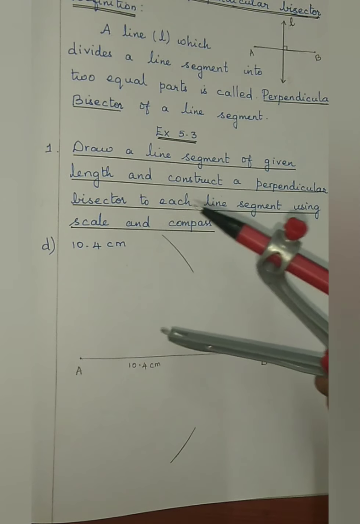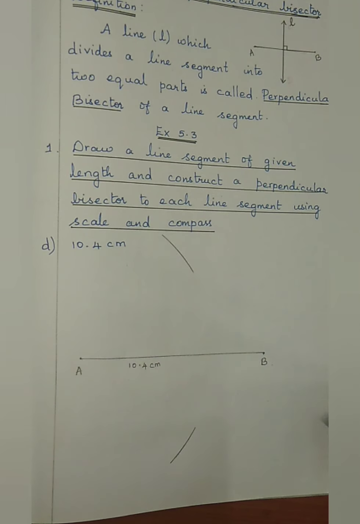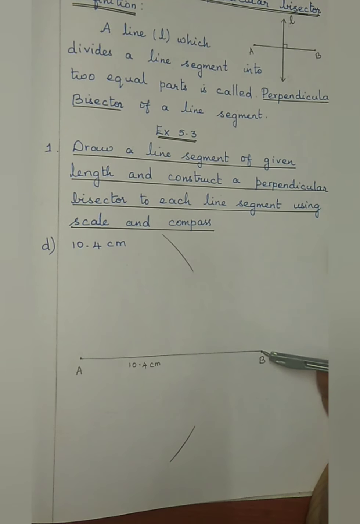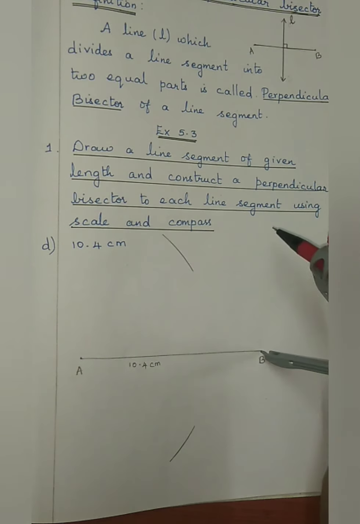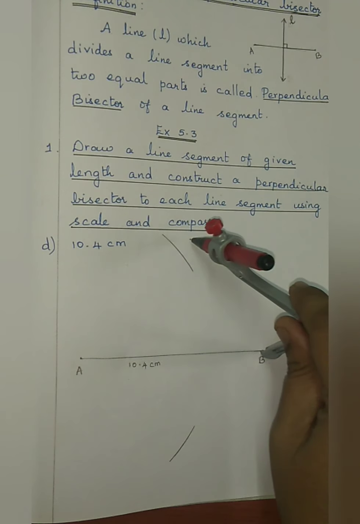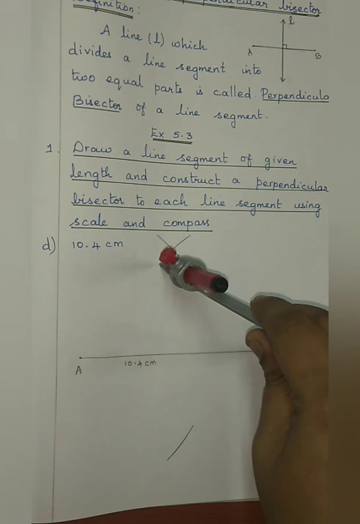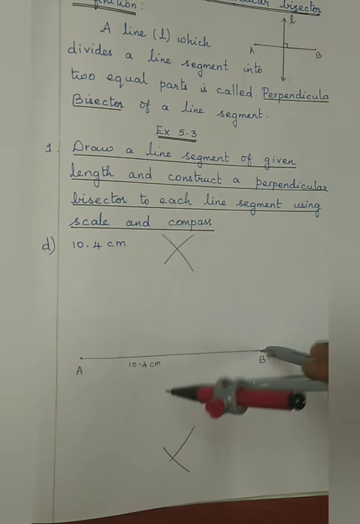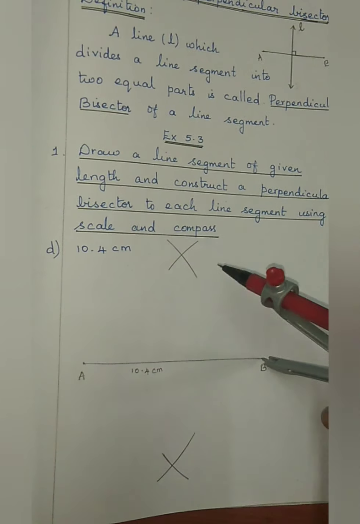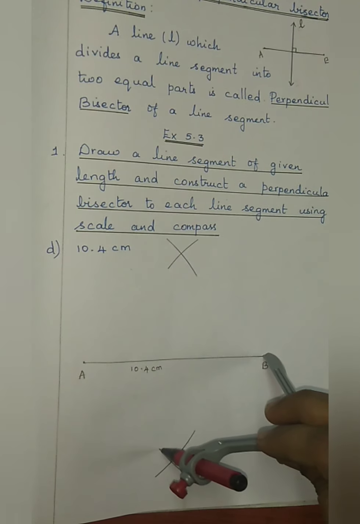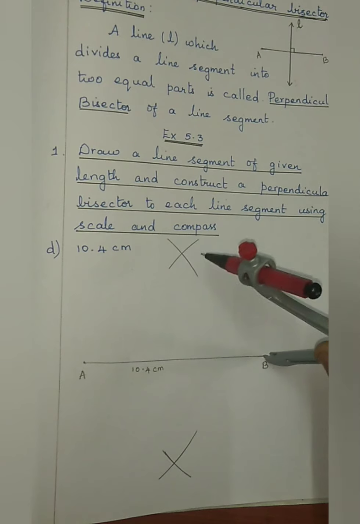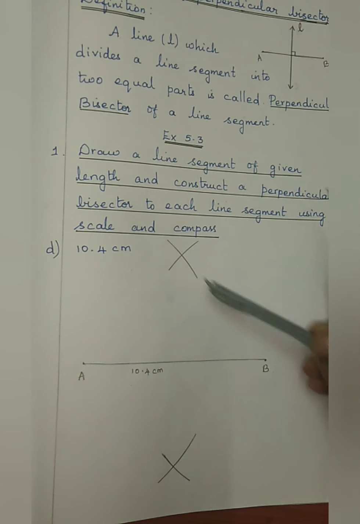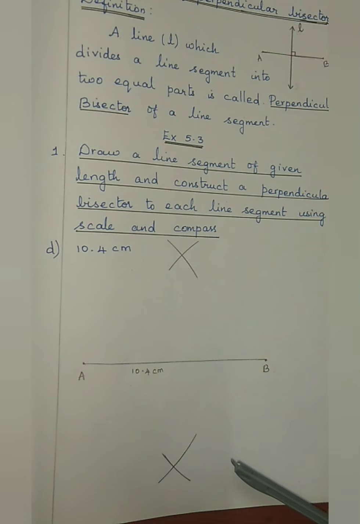Without changing the measurement, keep the pointer of the compass at B. With B as center, draw two more arcs above and below the line segment so that these two arcs intersect the previous two arcs.